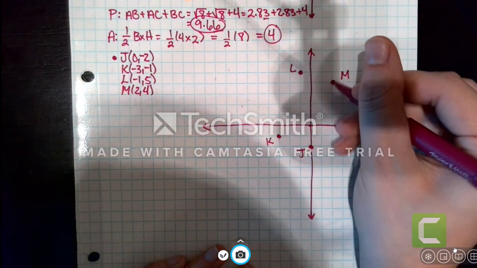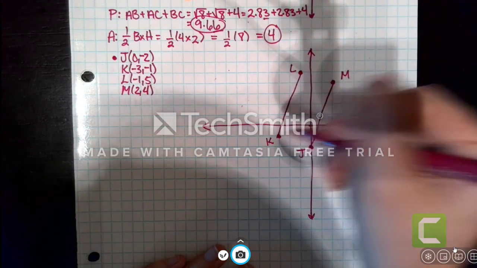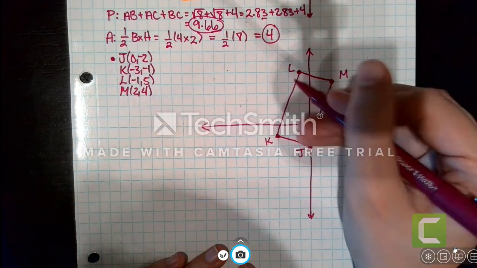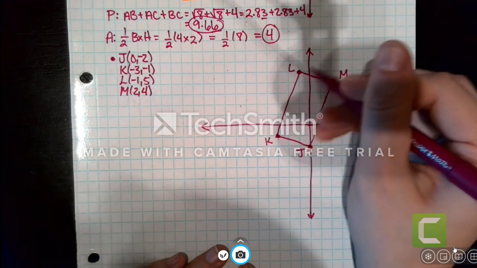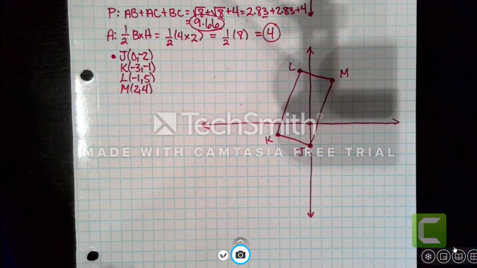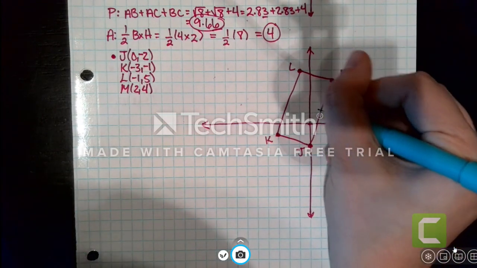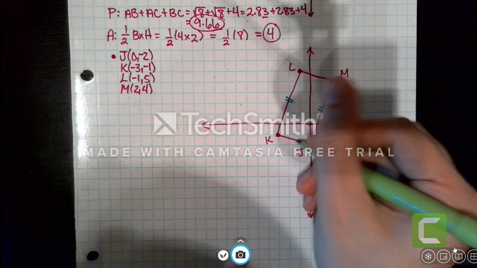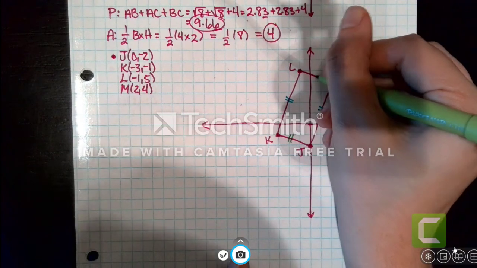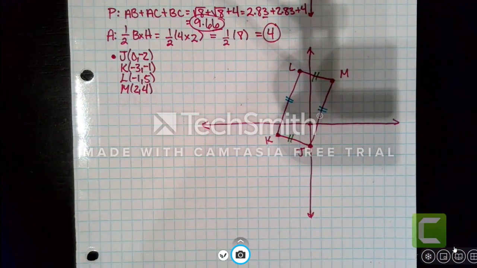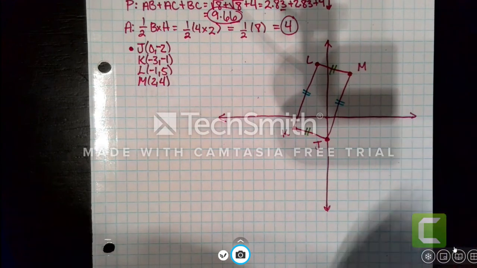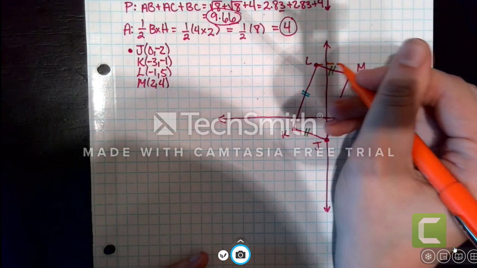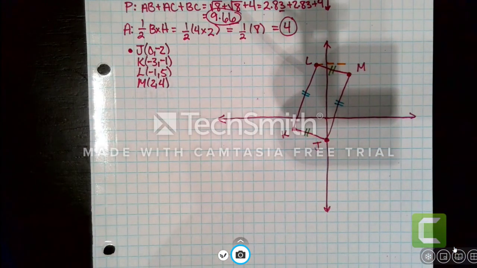Now, we're working with a rectangle here. Since we're working with a rectangle, and none of these sides pass nicely through my squares, we have to find the distance of each one. But since it's a rectangle, we can assume that JM is congruent to KL, and we can assume that KJ is congruent to LM. So let's set these up. Our horizontal distance from L to M is about 3.